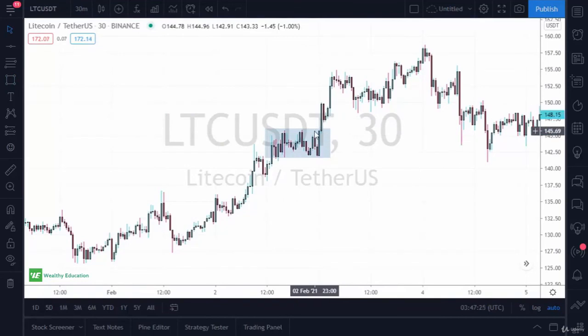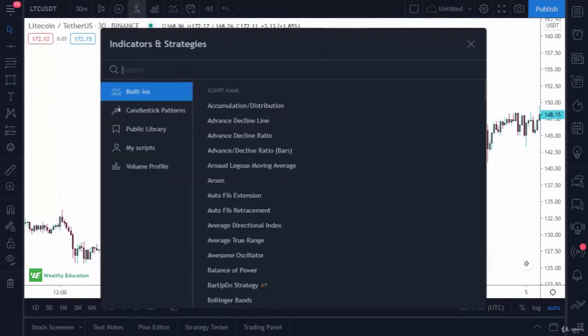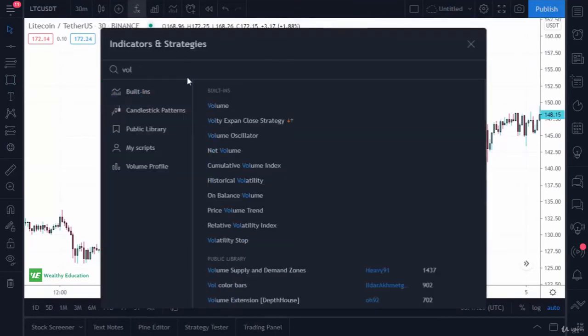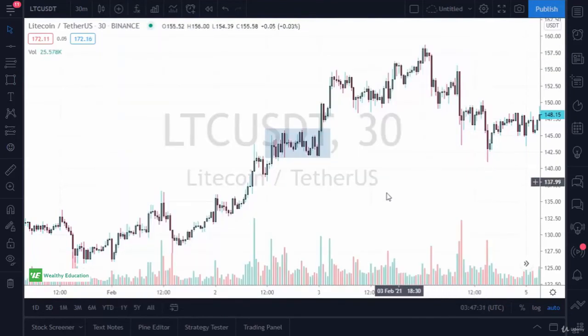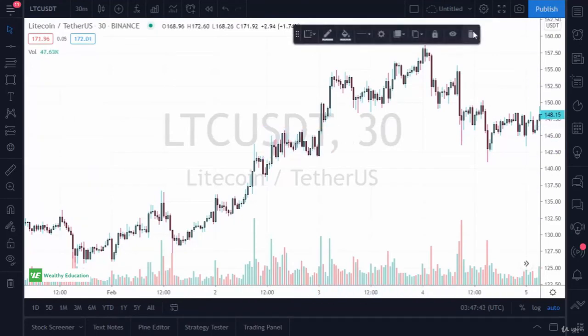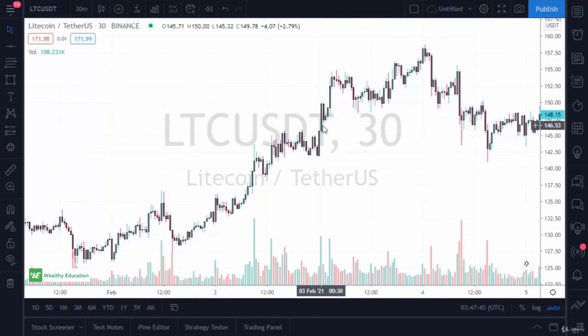Notice this big massive breakout from here. Let's check the volume. And again, you can see volume exploded to the upside. That suggests that we are going higher. Think of it as each candlestick is a chapter in a book.